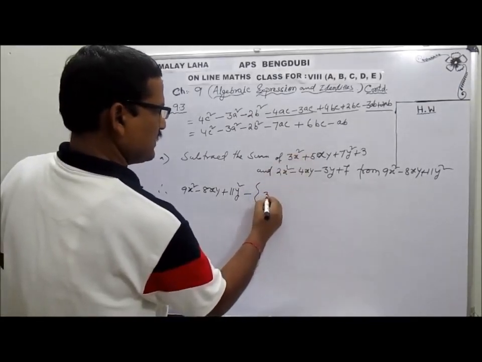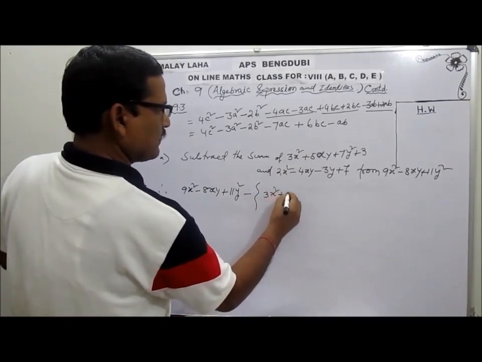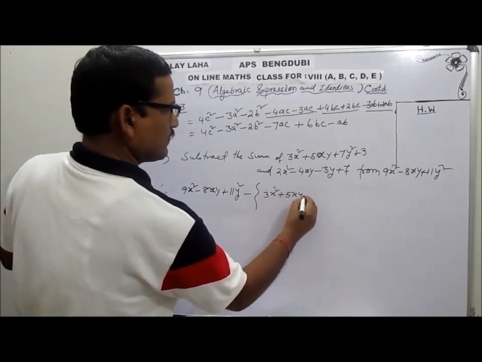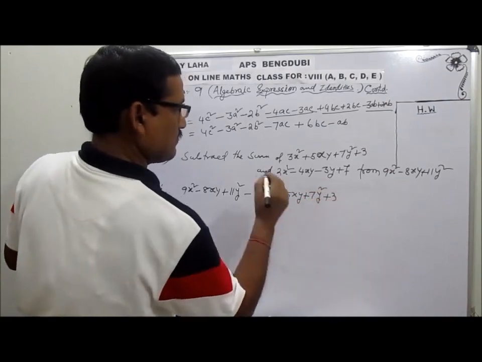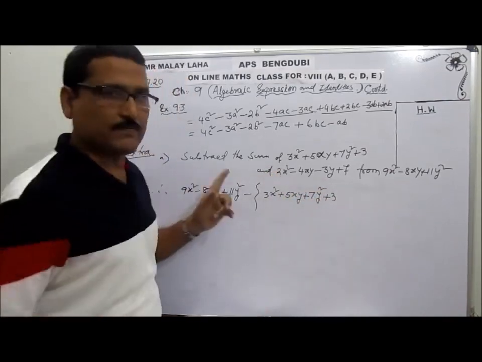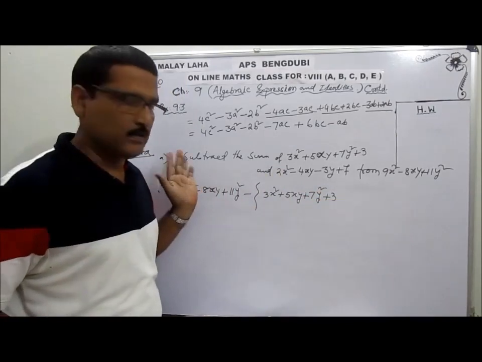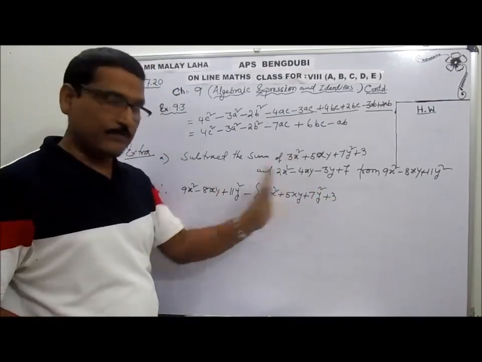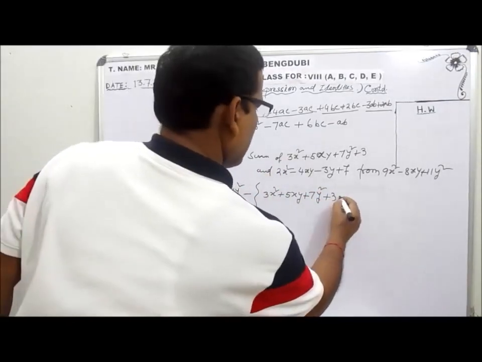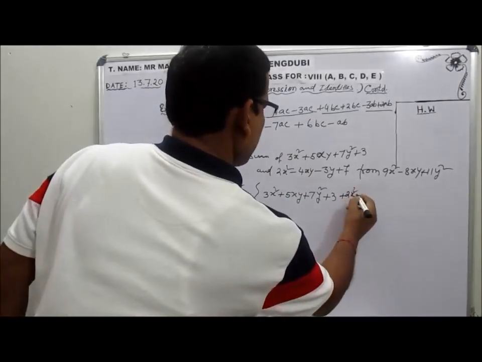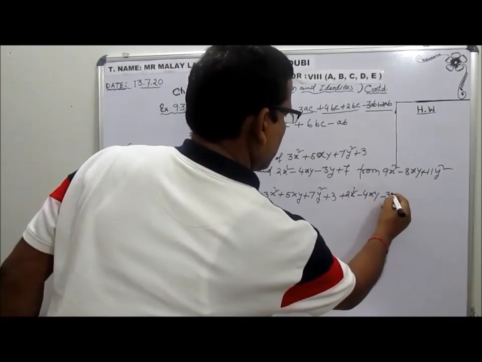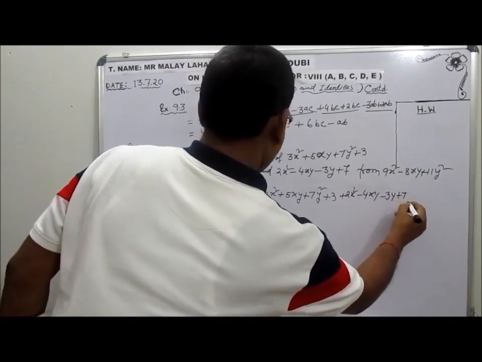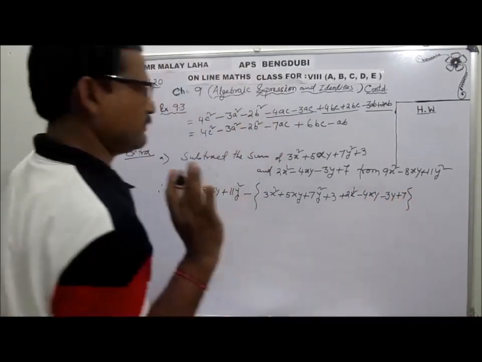Sum means 3x square plus 5xy plus 7y square plus 3 plus 2x square minus 4xy minus 3y plus 7. If it is a plus sign, no need to put in bracket, but if it is a minus, then I have to put in bracket. Okay, up to this much.